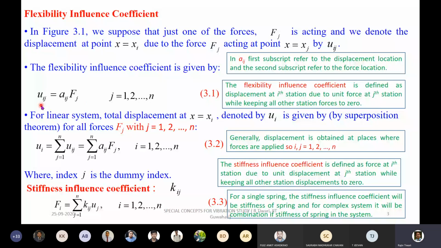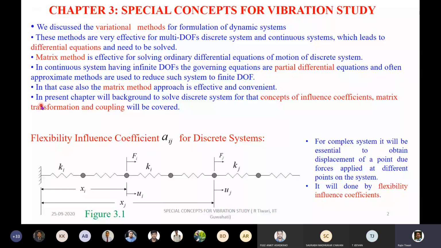Like if we want to find the displacement at the ith location because of force at the jth location, one at a time, we will apply the forces one by one and see the displacement at the ith location because of those forces. Because we are dealing with a linear system, we can apply the superposition theorem.